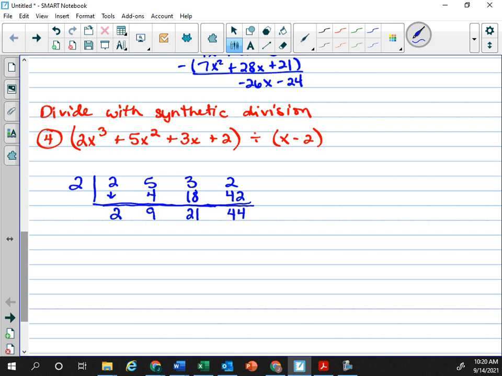So I'm decreasing by 1 degree, like the exponent. It was cubed, now it's going to be squared. So this is 2x squared. And then you just work your way down. Plus 9x, plus a constant of 21, and then my remainder, 44 over the x minus 2.